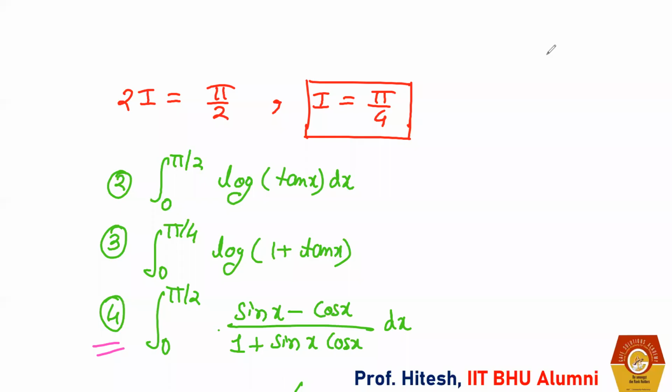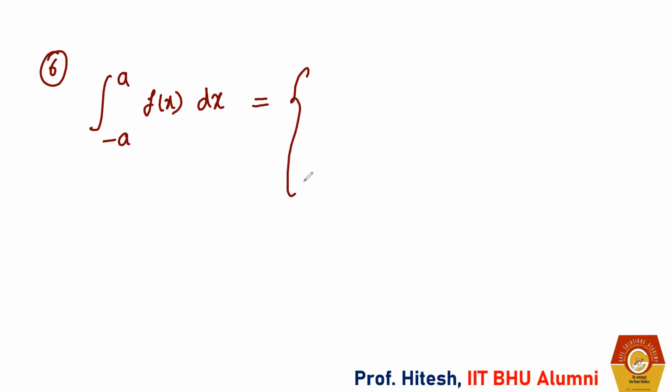Okay, so let me clear this. Now next property is even and odd function. Integral from minus a to a of f of x dx. Next property number 5 or 6. Integral from minus a to a of f of x dx is equal to either 2 times the integral from 0 to a of f of x dx, or it will be 0.